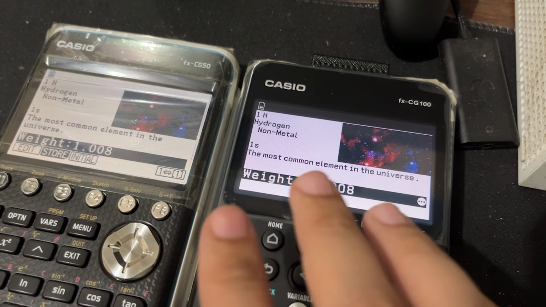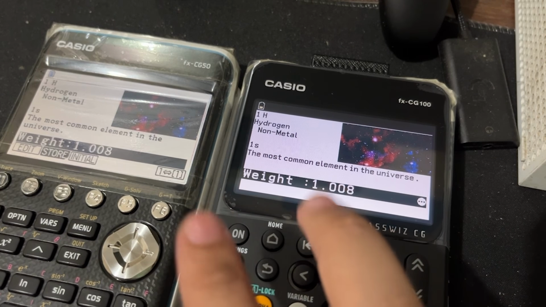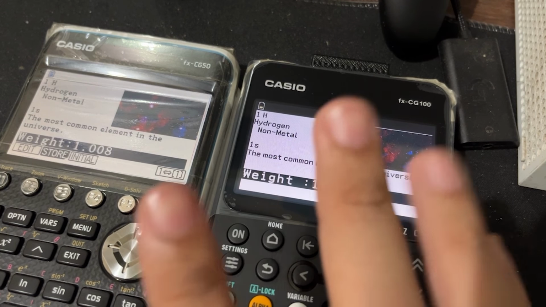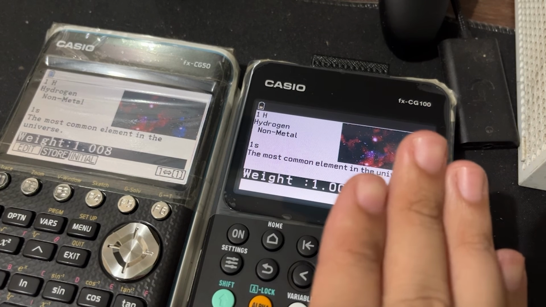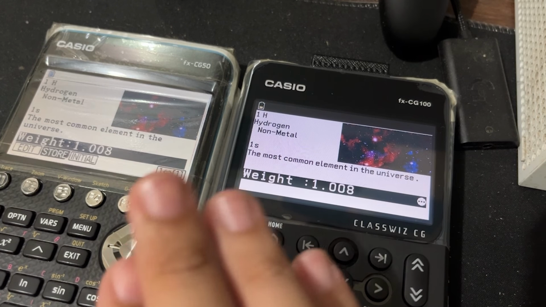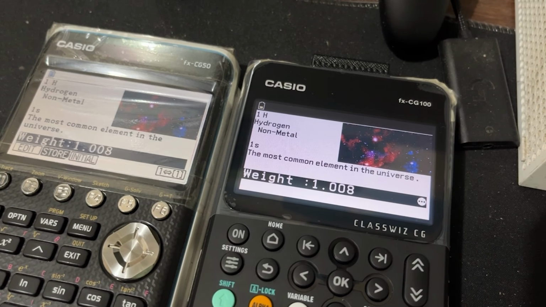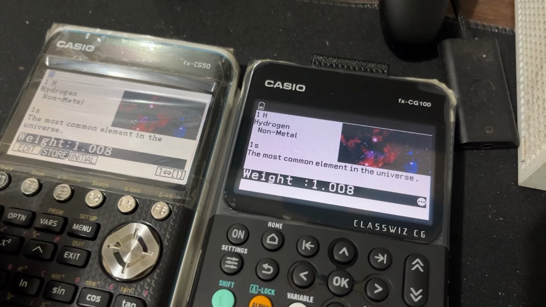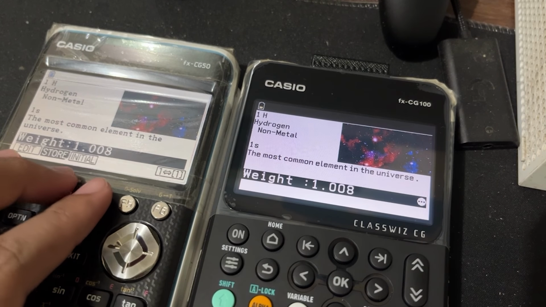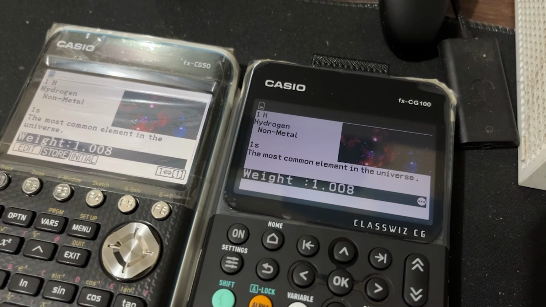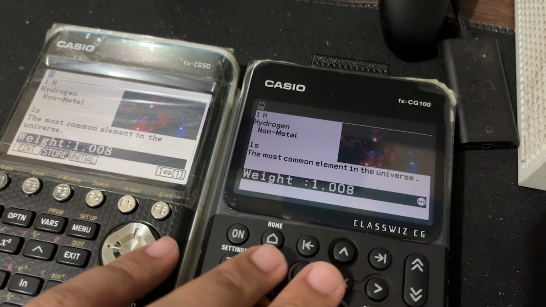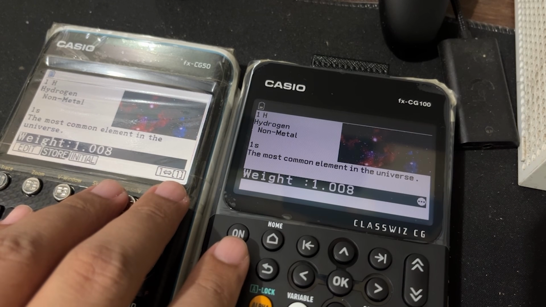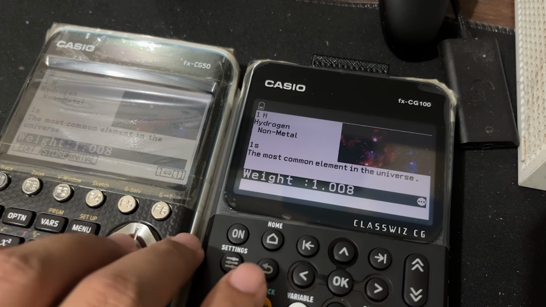So the question is, it doesn't have functions like add-ons. Besides the periodic table, you have a calculate-the-materials option. No, it doesn't work at all. Why do I need a periodic table on calculators?